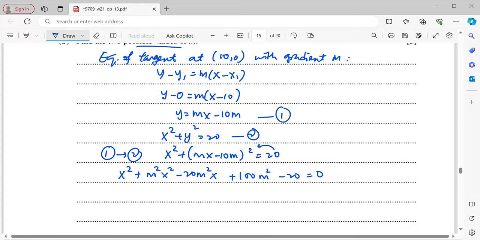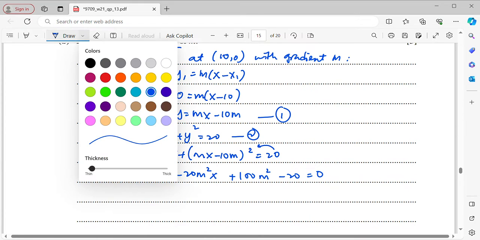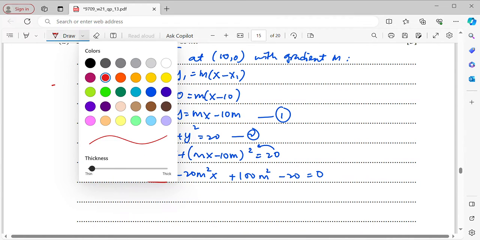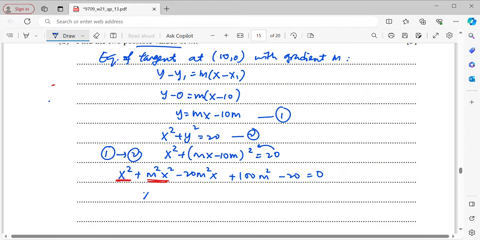Okay, then from here, I will factorize the x. I will group the terms with the x squared. Okay, so it will be x squared bracket 1 plus m squared, and then the term with the x will be just plus x bracket minus 20m squared, and then the constant is going to be 100 m squared minus 20, that equals to 0.